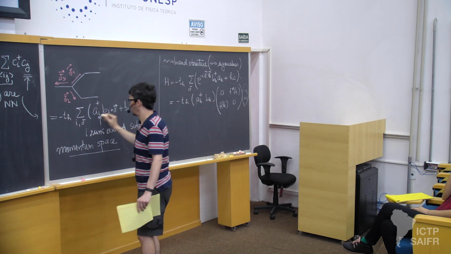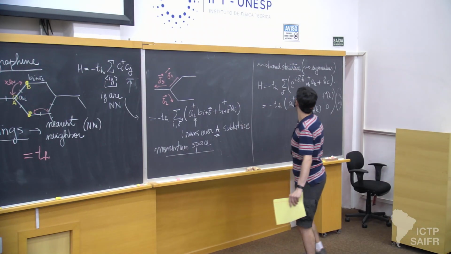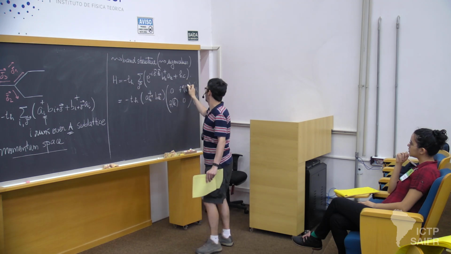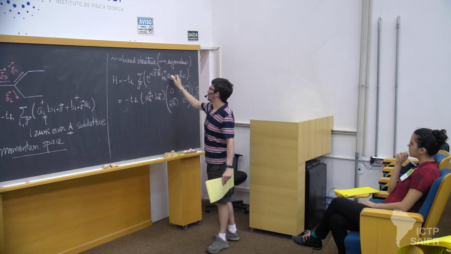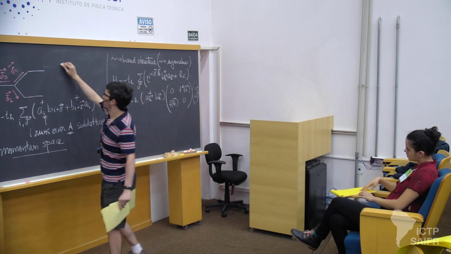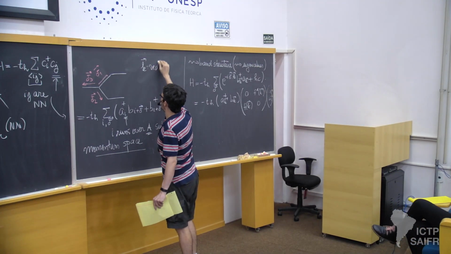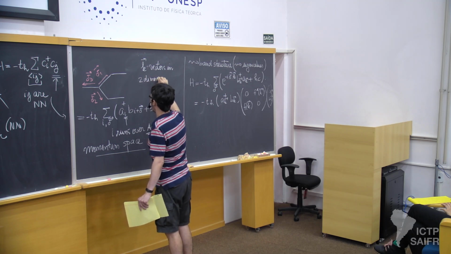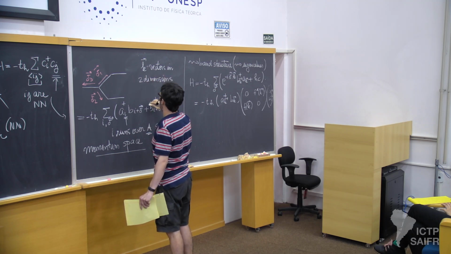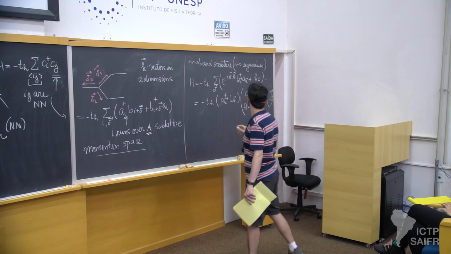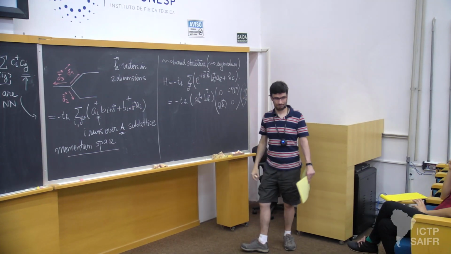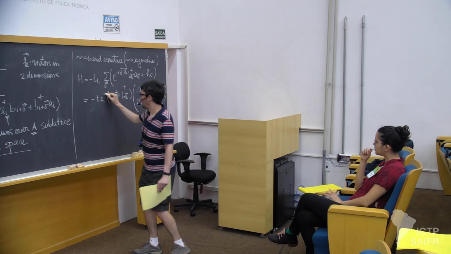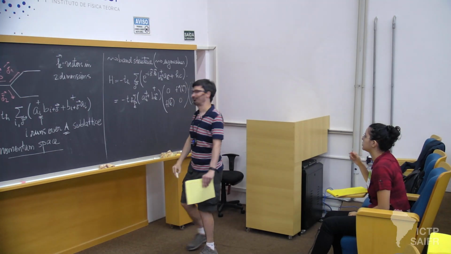Let me be slightly more precise here. There's no reason not to be precise. These k's are vectors in 2 dimensions, and we sum over k.